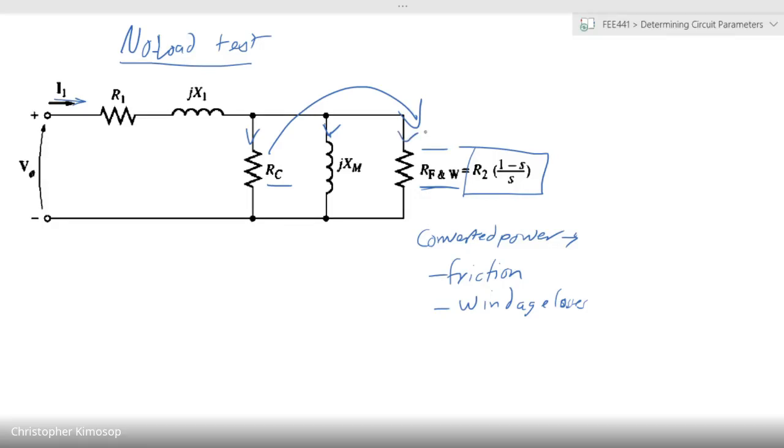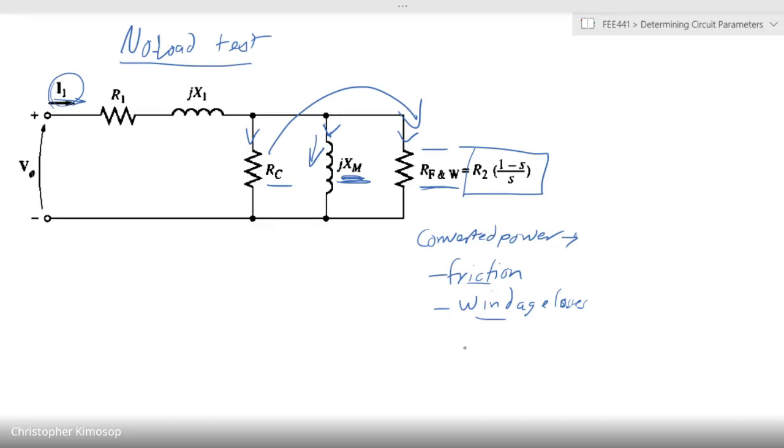What we tend to see is that in a no load situation, the majority of the current will tend to flow through this magnetizing arm. The bulk of your power in the circuit is used up in magnetizing the circuit, because friction and windage are actually fairly small.